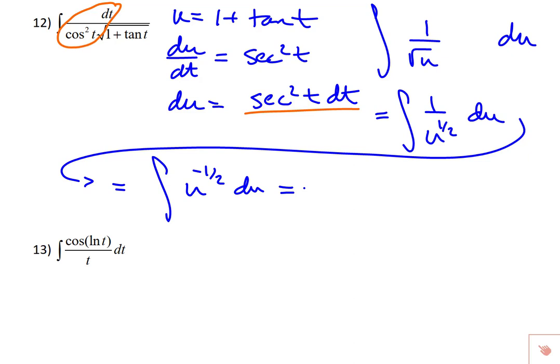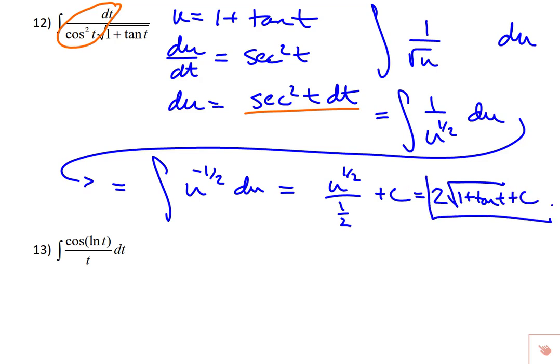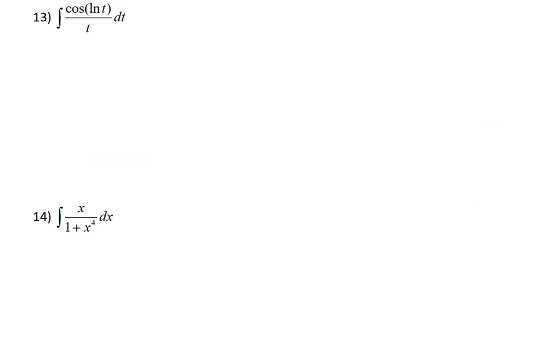Now we can do our antiderivative rule and make that u to the positive 1/2 over 1/2 plus c. This is really the same thing as 2 times the square root, which is the u to the 1/2, if you flip the 1/2 up and over. But instead of u, we're going to go back and replace it with 1 plus tangent of t, and then of course we'll put our plus c for our final result.